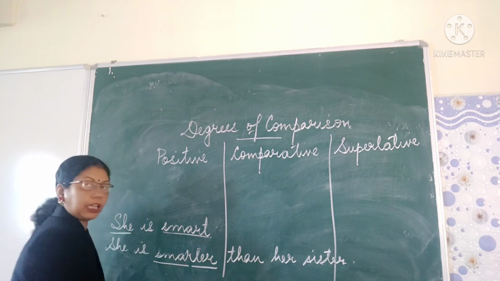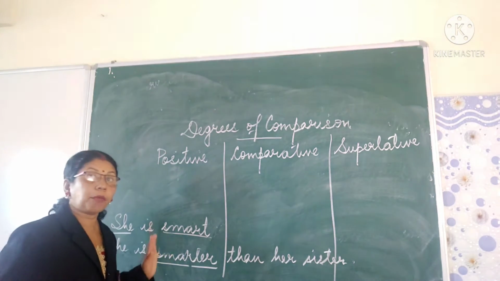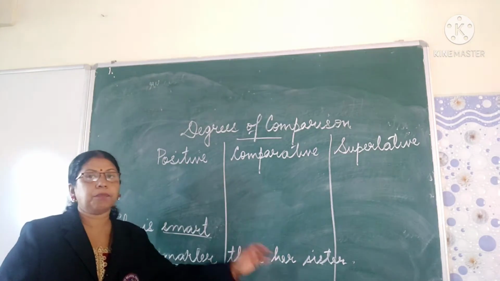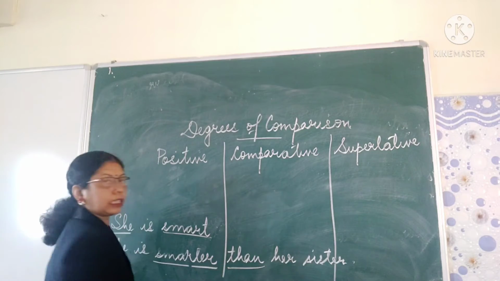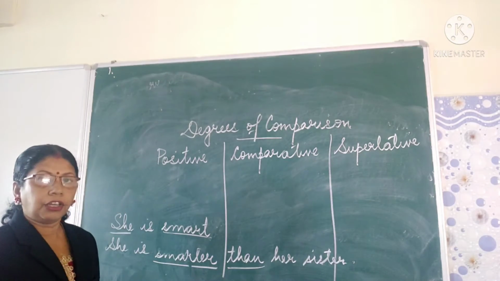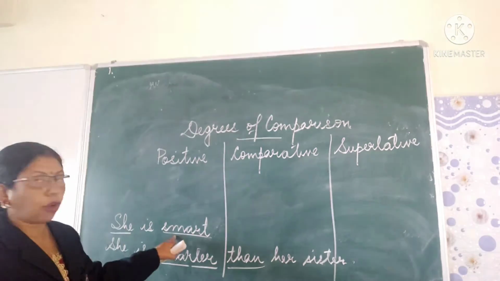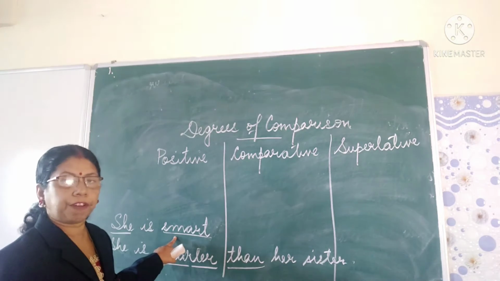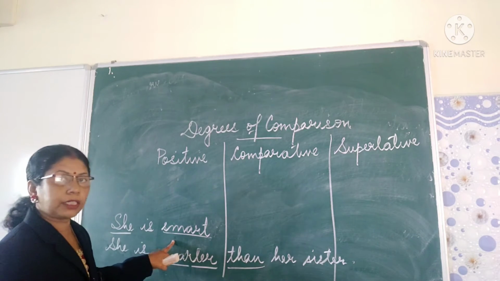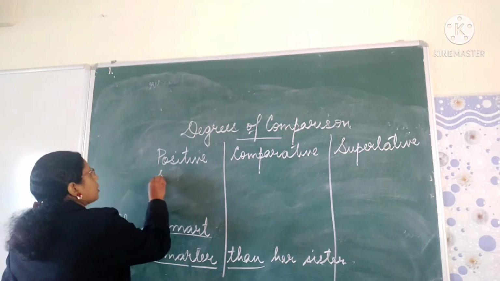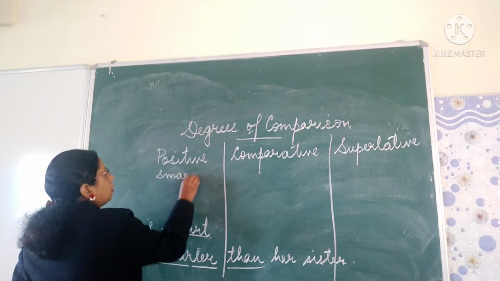Why have I changed that? Because I am comparing her with another person and I have used the word than. So when I am only giving the quality of the person, that comes under the positive degree.